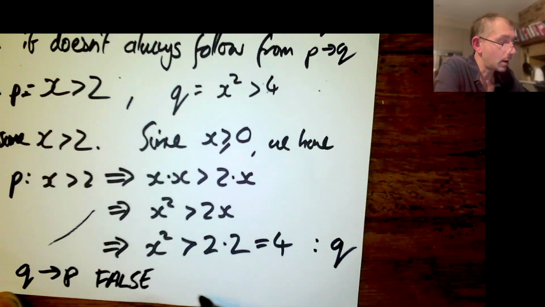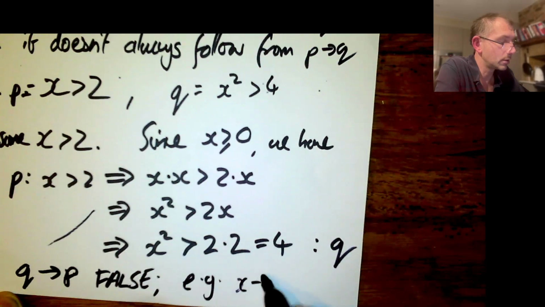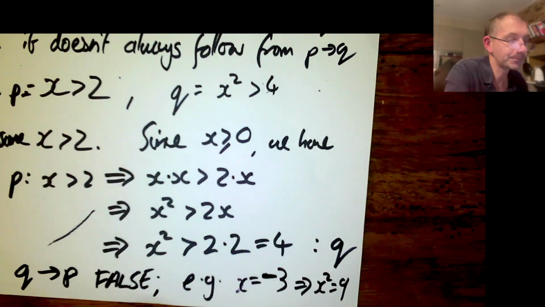Because, well, I only have to give you one counterexample, and then we know. So x is minus 3 implies x squared is 9, and that is bigger than 4. But this is definitely less than 2. Right.